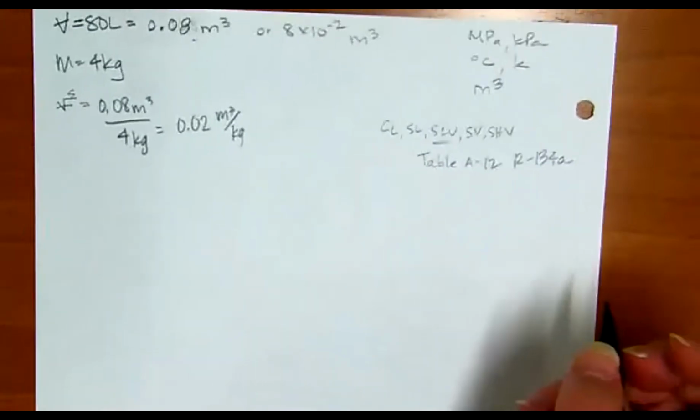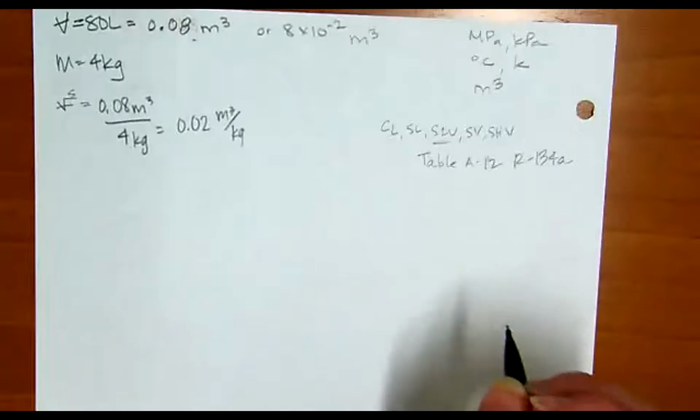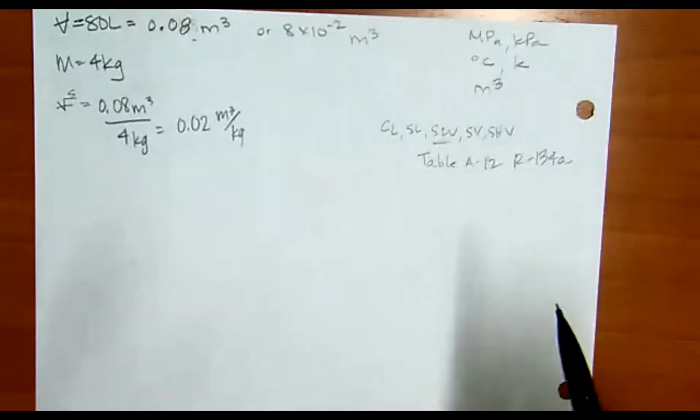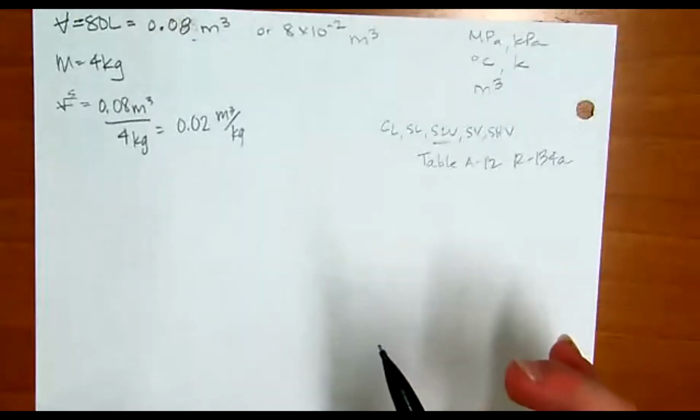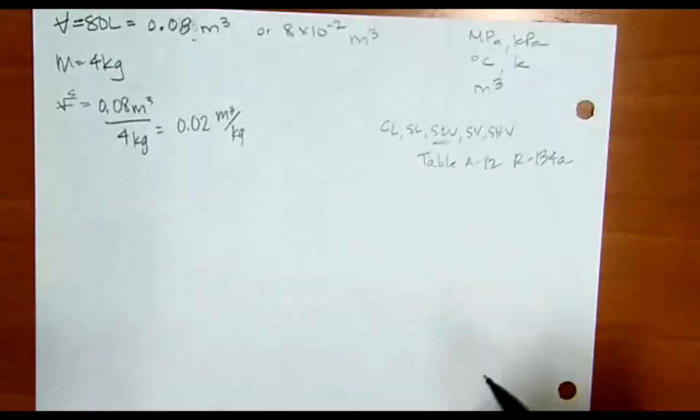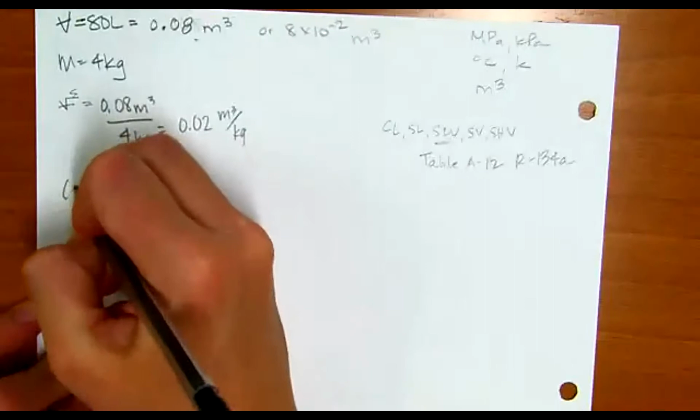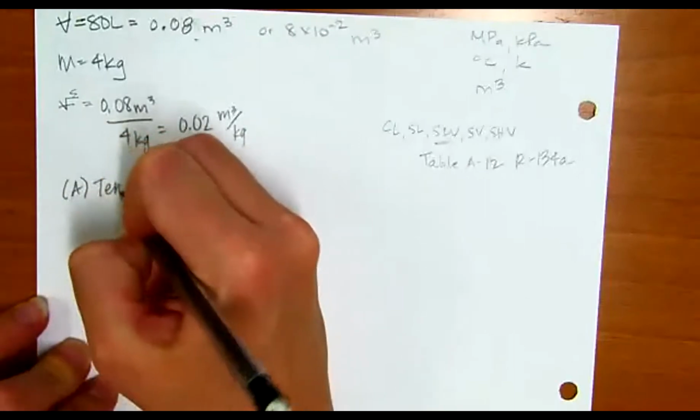All right, so we have our volume, we have our mass. So this time, unlike some of the other problems, we're not given pressure or temperature, so we have to approach it a little differently. The first question here, we're asked to find temperature.